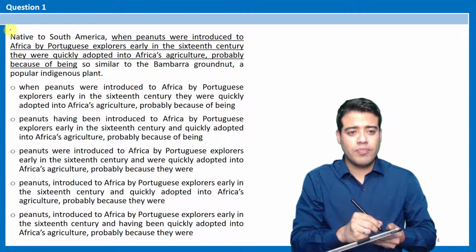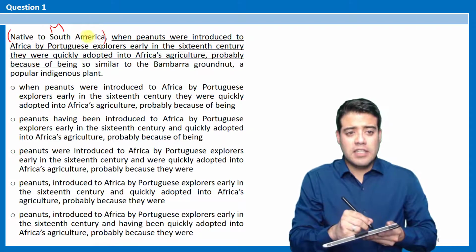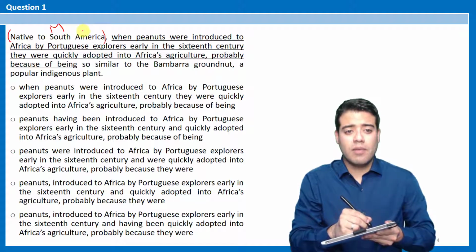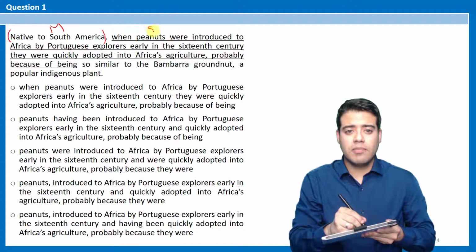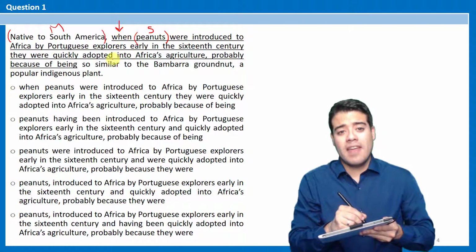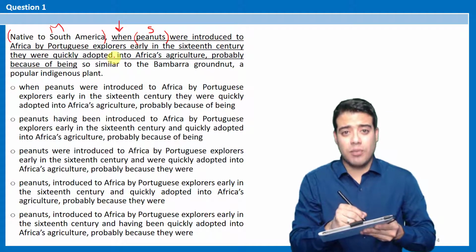So, in this particular sentence, we're starting with a modifying phrase. This is a modifier that describes something. Native to South America. What is native to South America? Well, it should be peanuts. However, you have the word when in front of peanuts. And the word when subordinates the subject.